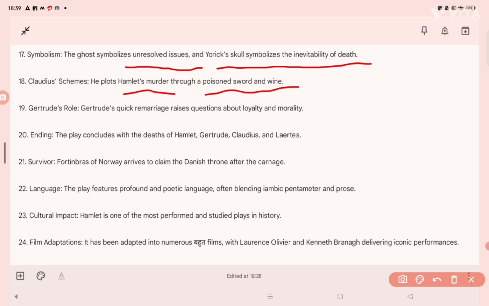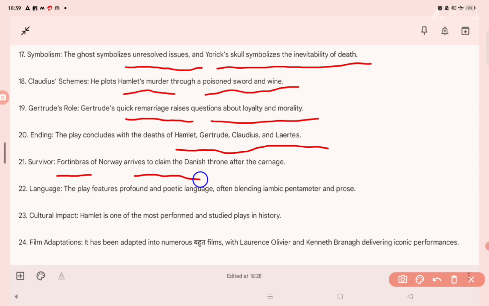Gertrude's role: Gertrude's quick remarriage raises questions about loyalty and morality. Ending: the play concludes with the deaths of Hamlet, Gertrude, Claudius, and Laertes. Fortinbras of Norway arrives to claim the Danish throne after the carnage.